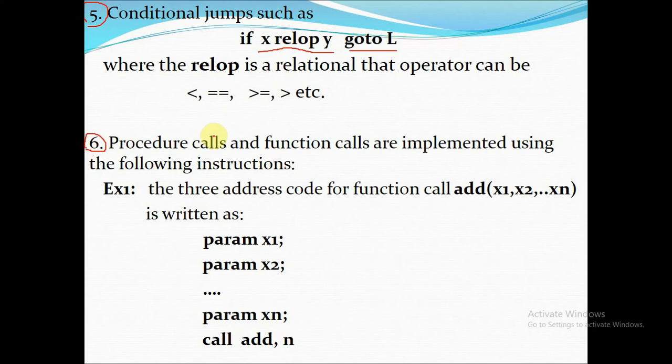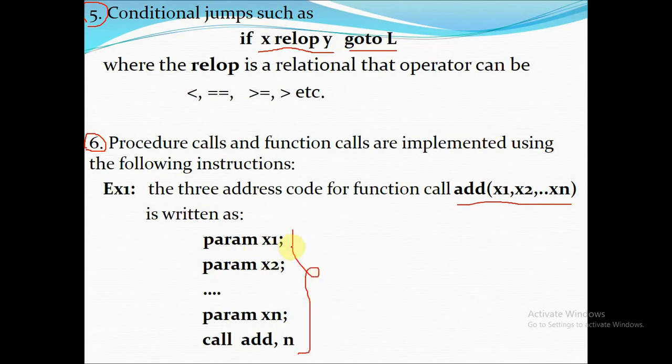Next, we can write 3-address code for source code that contains a function call. That means a function call statement can also be translated into 3-address code. Take an example of add of x1, x2, x3 and so on up to xn. Here add is a function name and these are parameters. To write its equivalent 3-address code, we have to write the parameter list first.